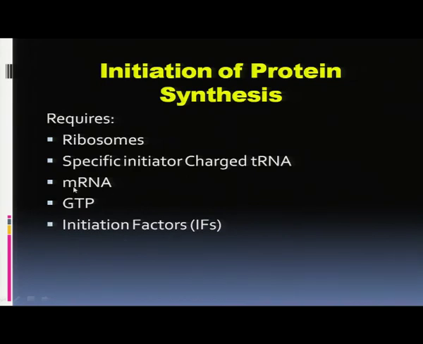So, these are the primary requirements for the initiation of protein synthesis: ribosomes, a specific initiator charged transfer RNA, messenger RNA, GTP molecule, and initiation factors. Let us know about this.